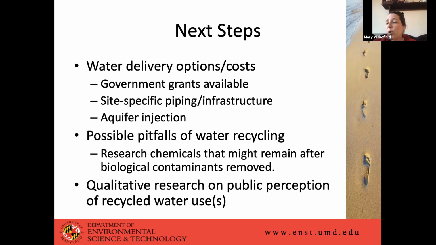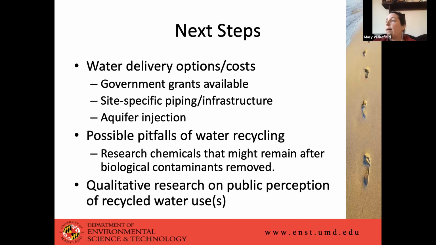So knowing what government grants are available, what your site-specific piping and infrastructure will look like in order to get that water out to the agricultural system, or how much wells cost at that particular place, because wells exponentially increase with cost as you go deeper, what the aquifer injection is going to cost at a specific location.